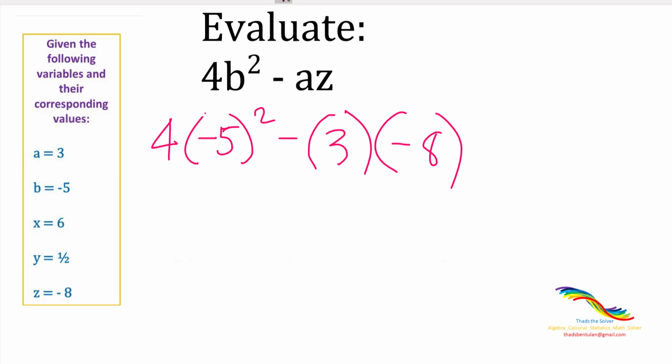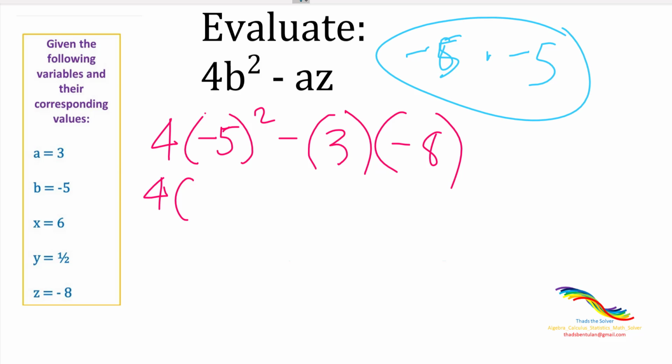All right, so we will simplify first the exponent. That's -5 squared, which is equivalent to -5 times -5. When you multiply two numbers of the same sign, the resulting product will have a positive sign. And 5 times 5 is 25.